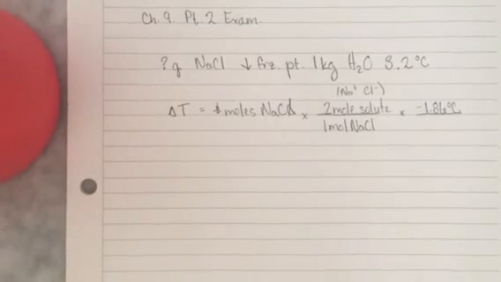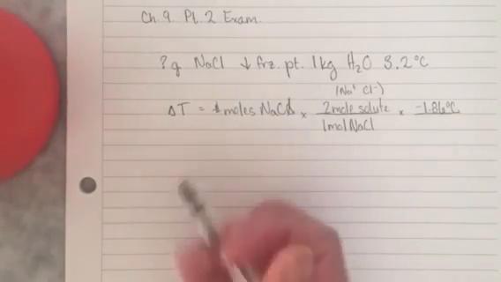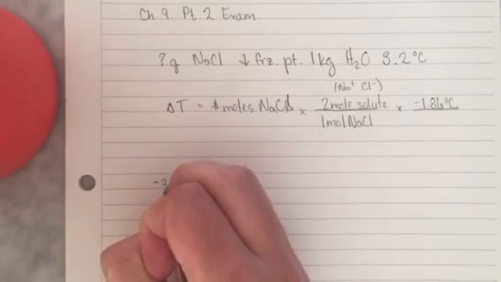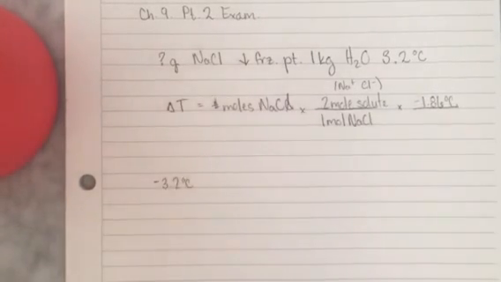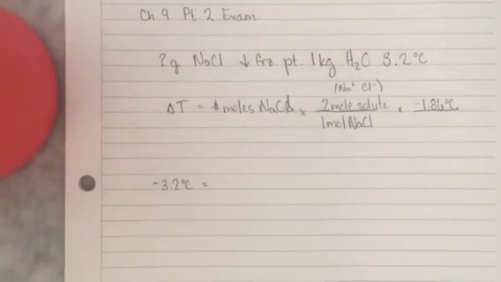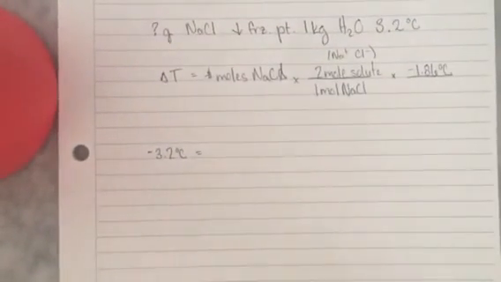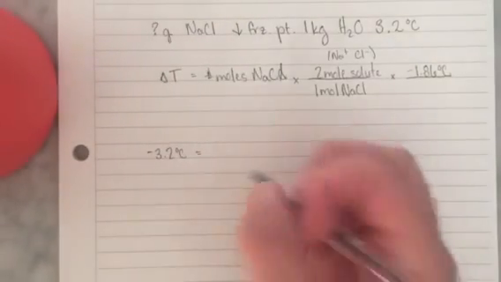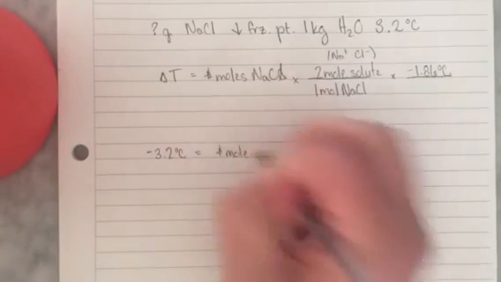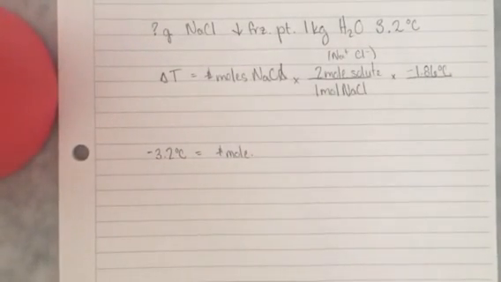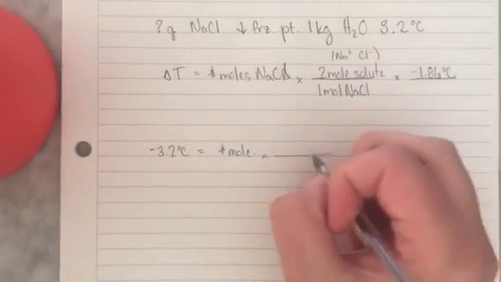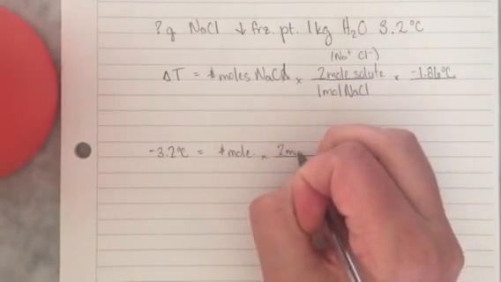Okay, so let's plug in what we know. We know delta T is negative 3.2 degrees C. It went down by 3.2. Number of moles is what I'm looking for, right? Well, I'm looking for number of grams, but that's what I want to know. Number of moles, I can get to grams with my atomic weight. My mole-to-mole relationship, 2 moles.